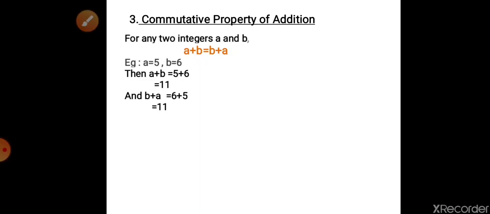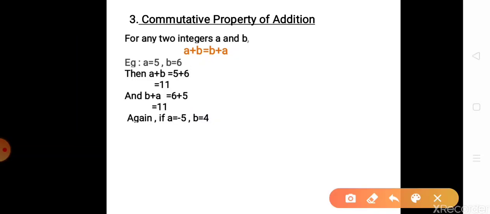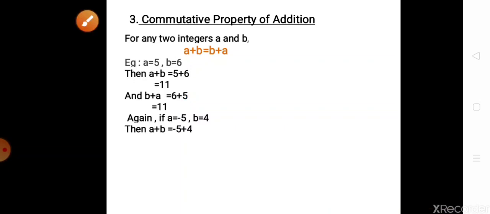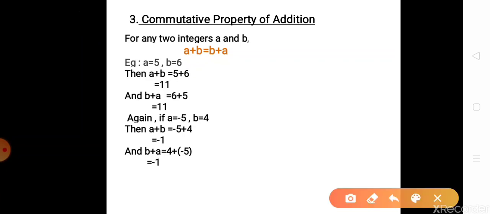Let's take another example. We have a equals minus 5 and b equals 4. I hope you are able to recognize the minus sign over here. Now a plus b results in minus 1 and b plus a results in minus 1 as well. But one thing I want everybody to notice here: minus 5 has been placed within a bracket.